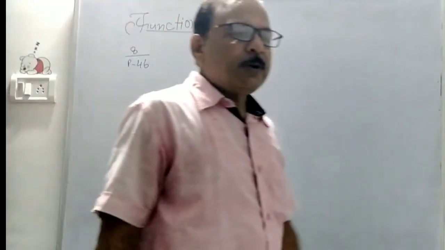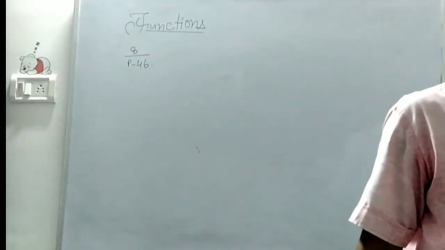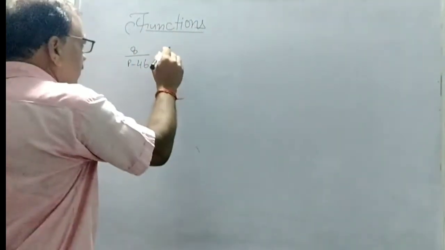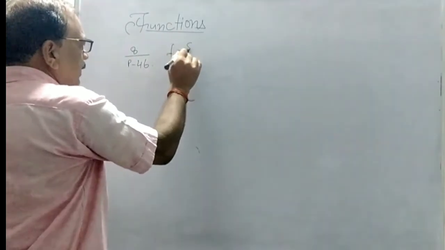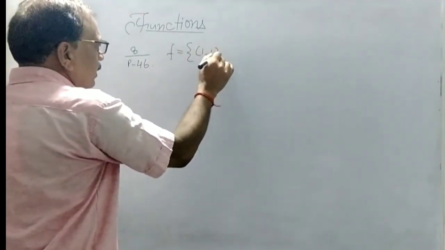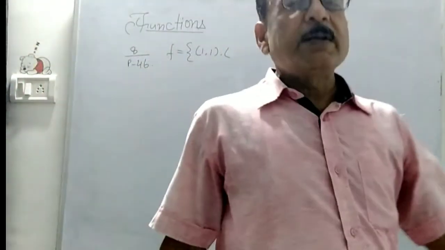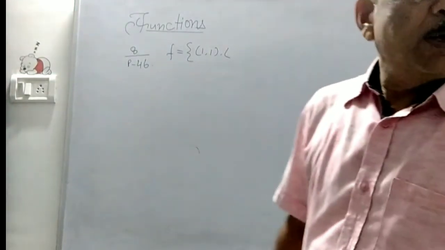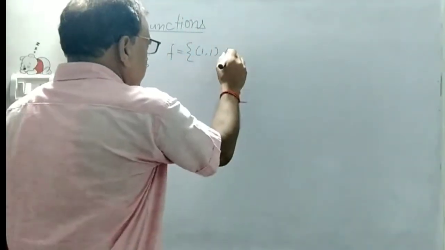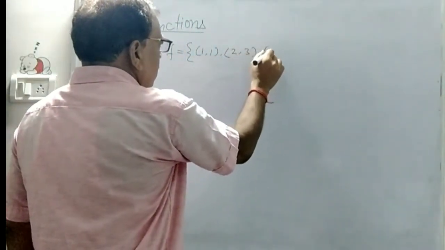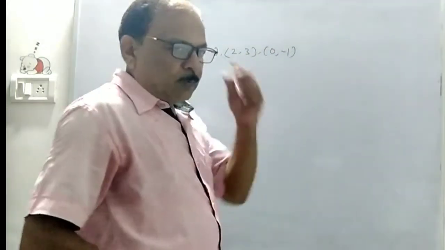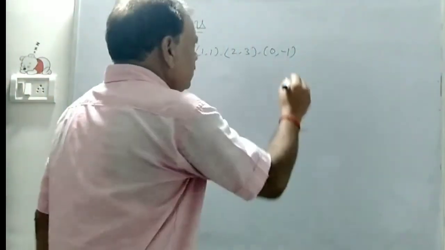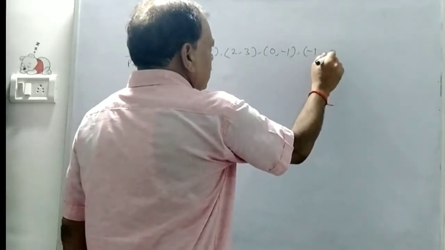Question number 8, page 46. In this question, f is a function given as a set of ordered pairs: (1, 1), (2, 3), (0, -1), and so on, with values such as (-1, -3).